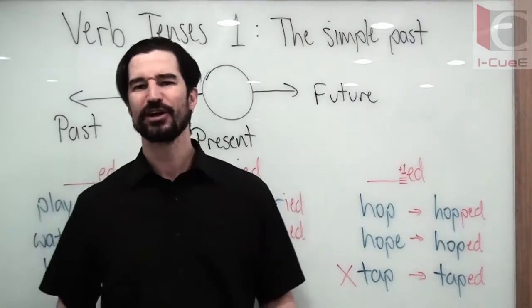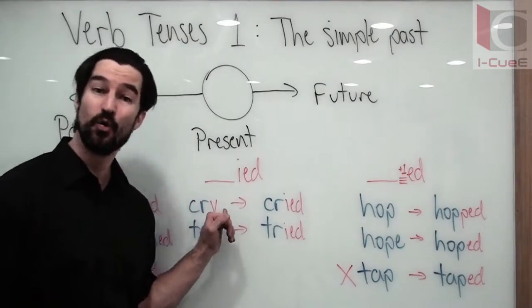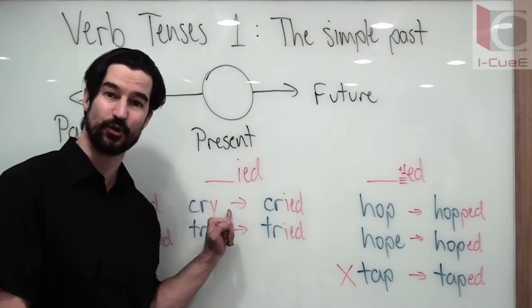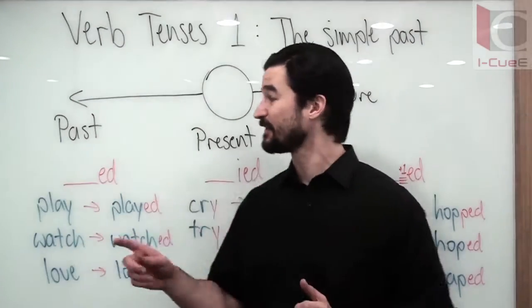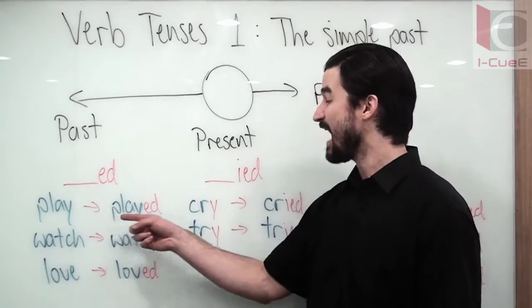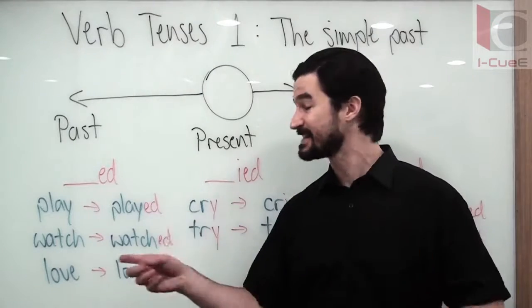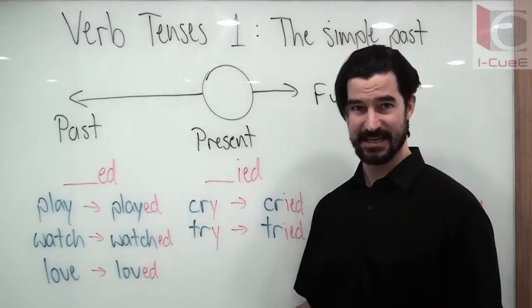What if the word ends in Y as the only vowel in the word, or the only vowel at the end of the word? This rule is a little different. See, here, play ends in Y, but the vowel sound is a very long sound, AY, so there we can add ED.